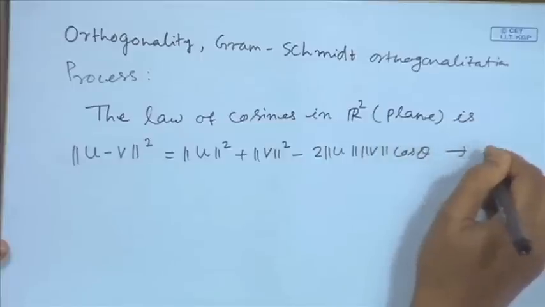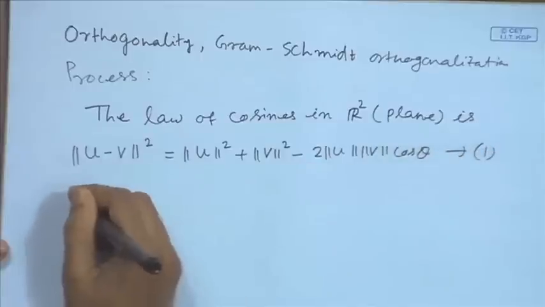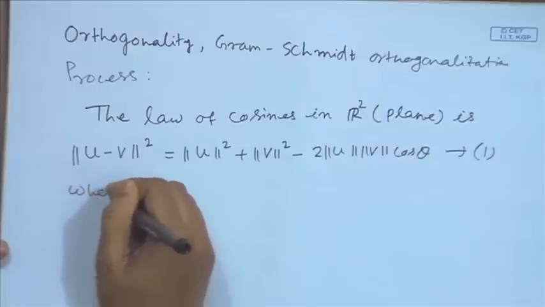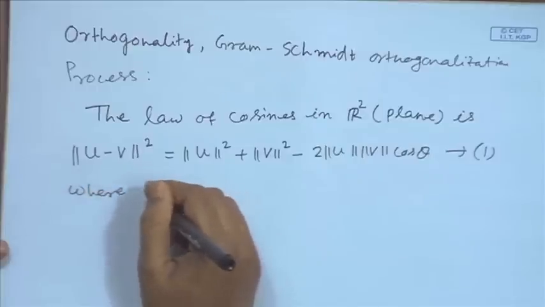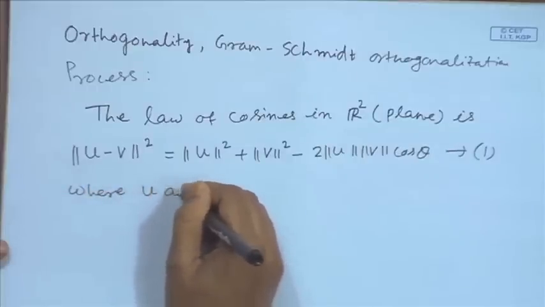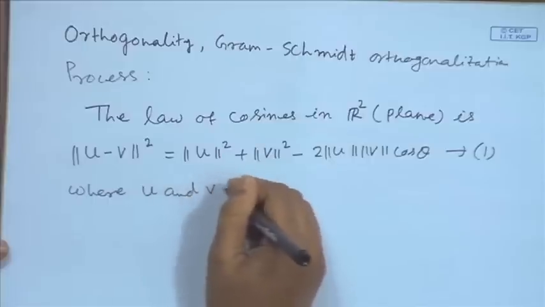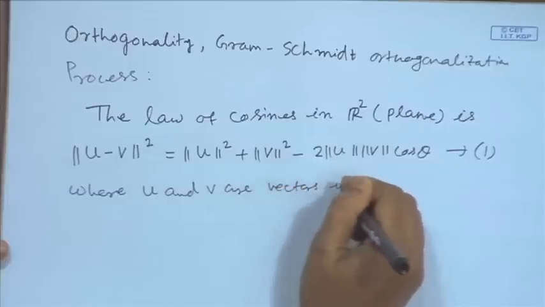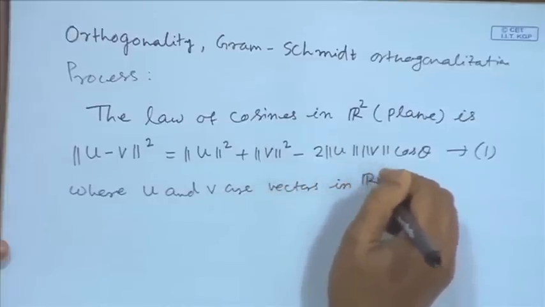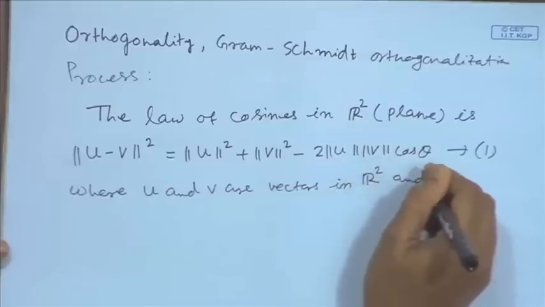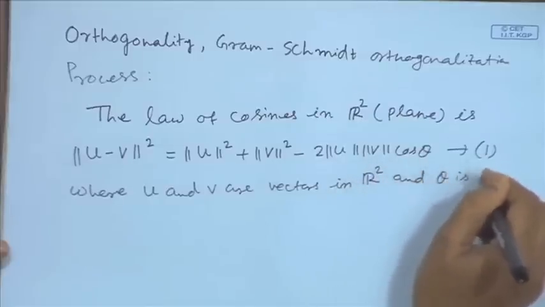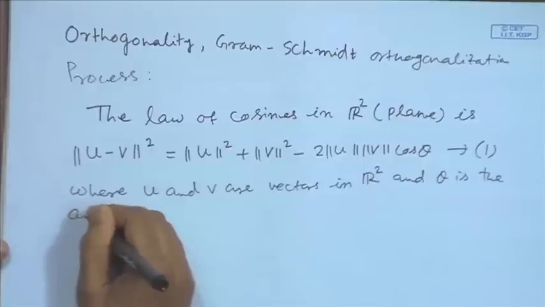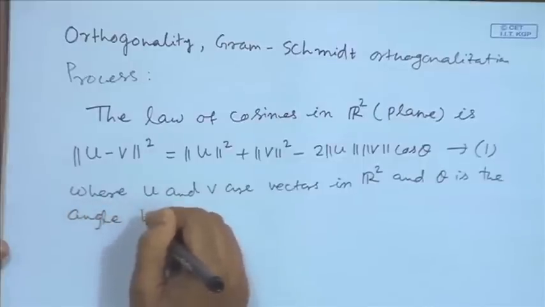Say this is equation 1. Here the vectors u and v are vectors in R2 and theta is the angle between u and v.